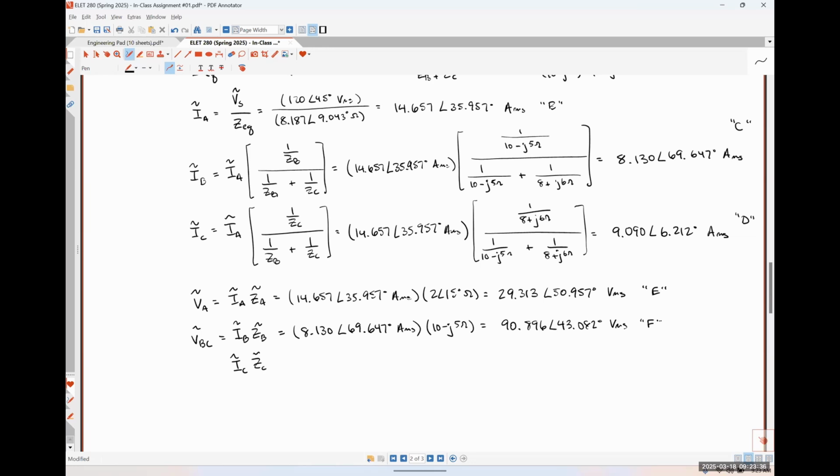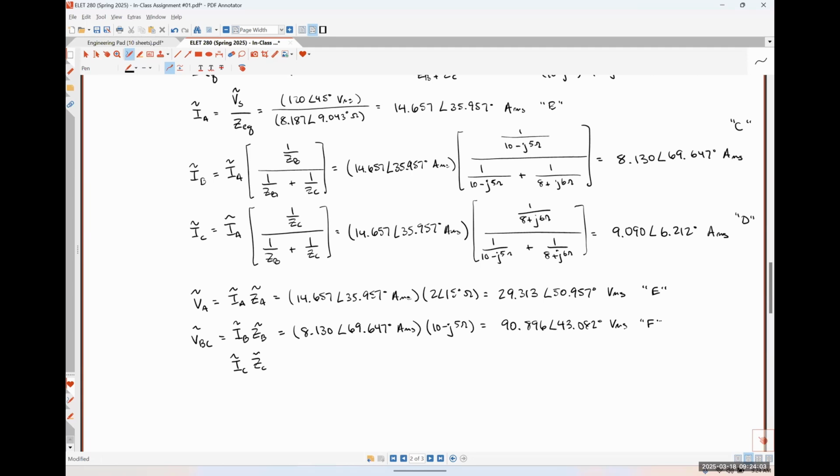For what it's worth, since you guys are aware of voltage division, I personally would have used voltage division to find VA and VBC without finding the equivalent impedance, and it would have just eliminated a step. And then Ohm's law to find all the currents. Slightly faster, but doesn't really matter.